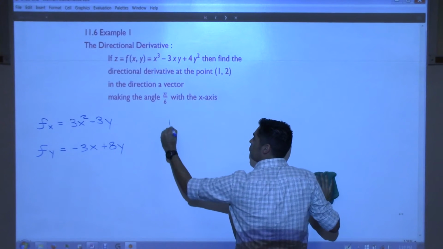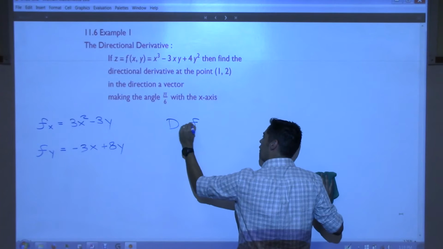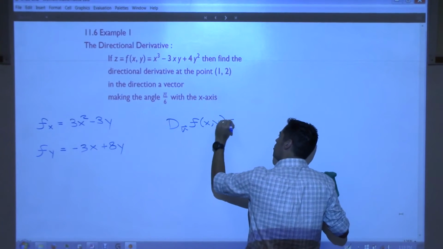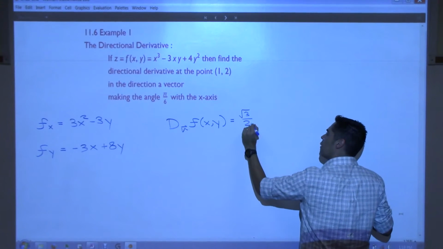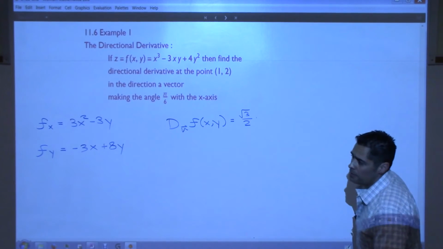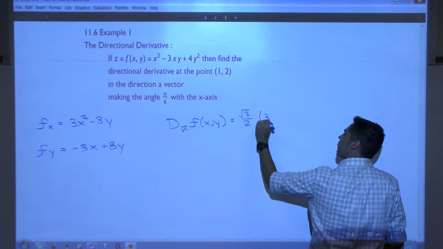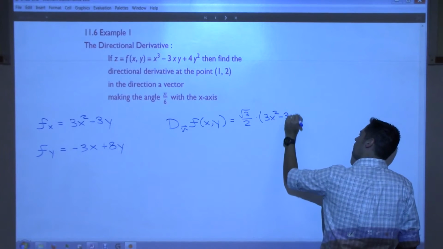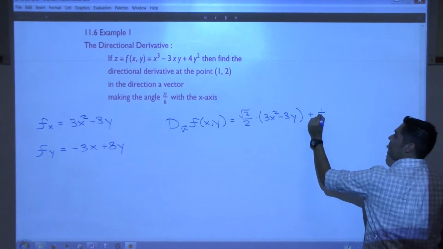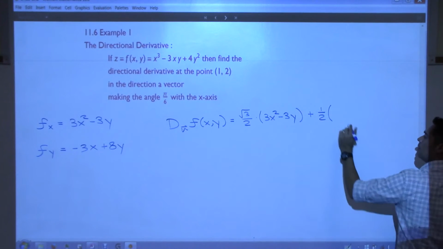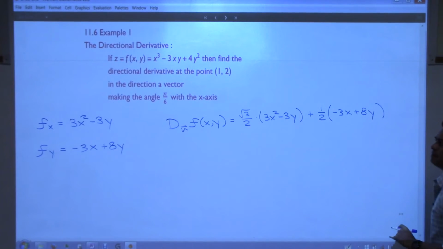So the directional derivative in the direction of the unit vector u of f of x, y should be equal to a, which is root 3 over 2, times the partial of f with respect to x, which was 3x squared minus 3y, plus the b, which was 1/2, right? And then minus 3x plus 8y. And that's it.